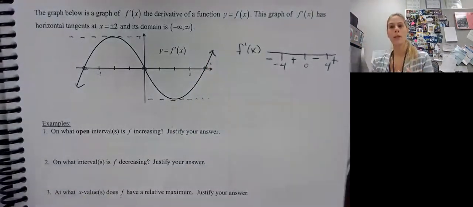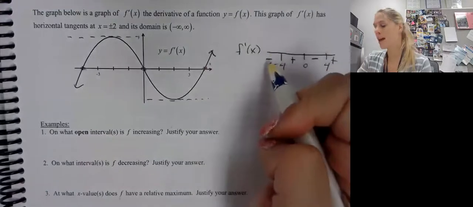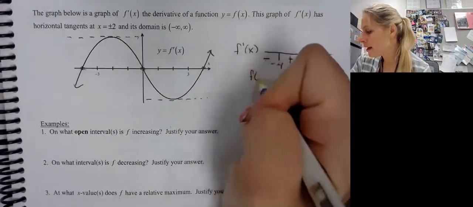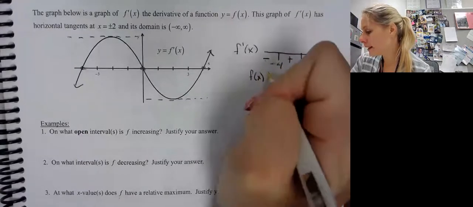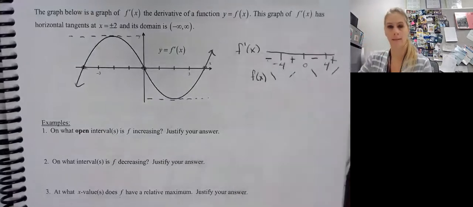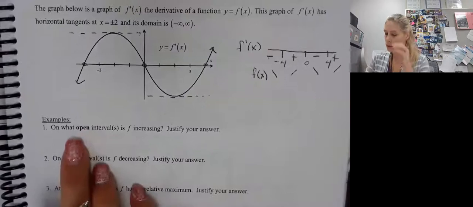Okay, what do we know about this number graph? Okay, the sign ray. Well, where the f prime is negative, that means that f of x is decreasing, increasing, decreasing, increasing. All right, let's go on from there. So let's answer this question.